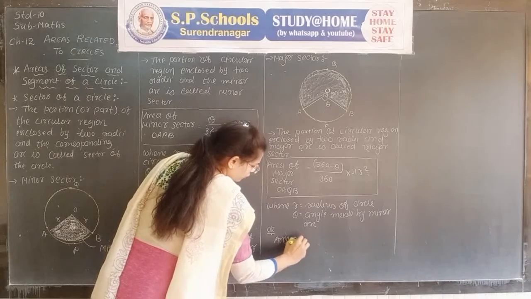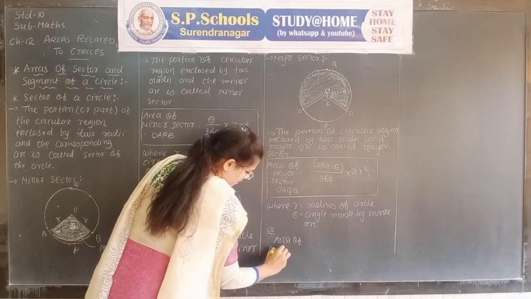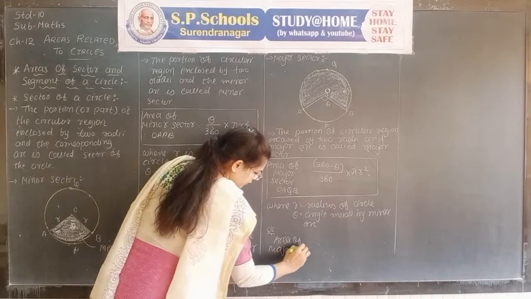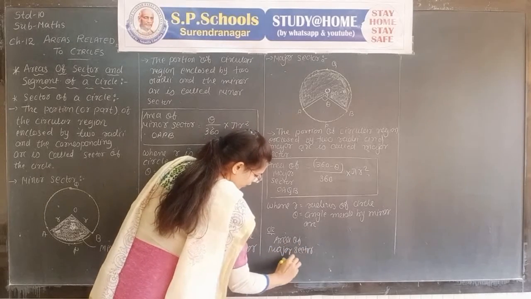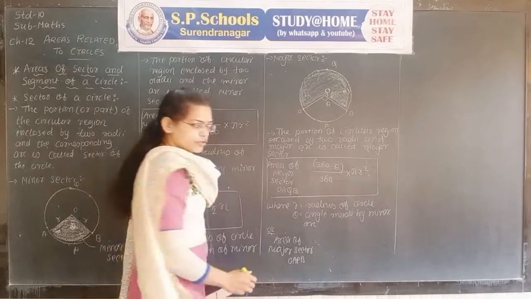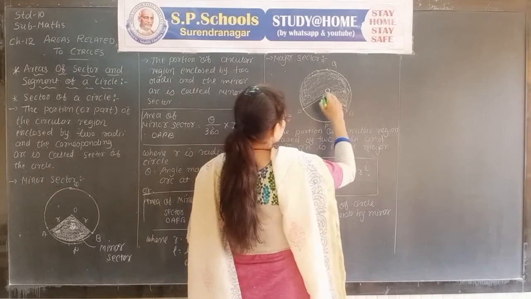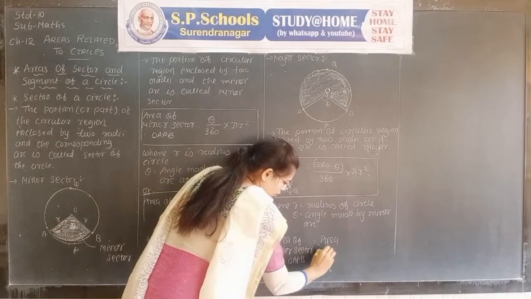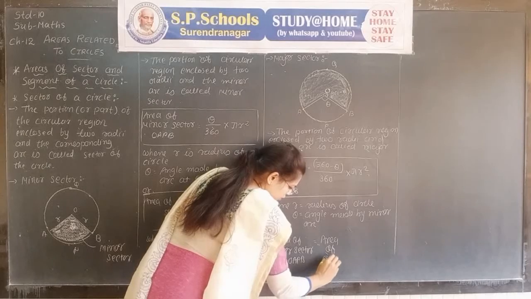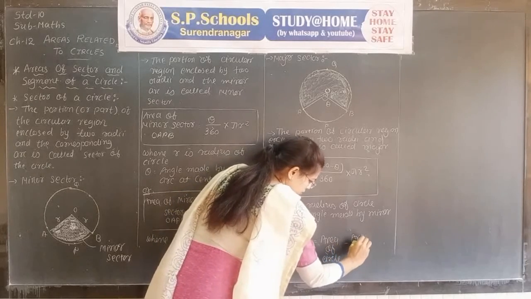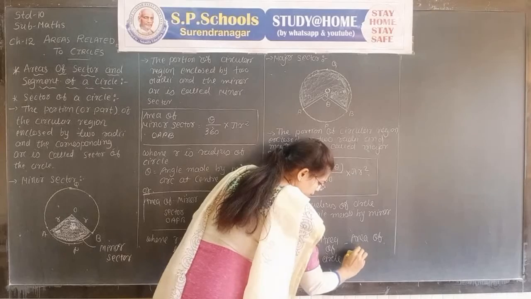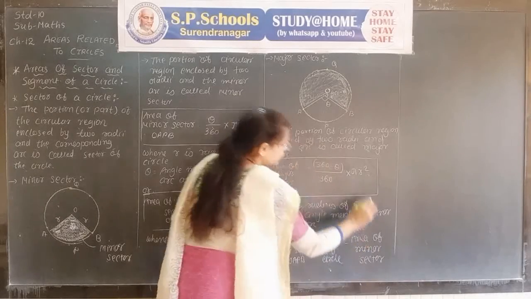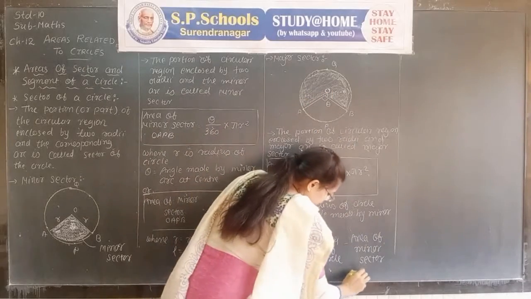Second formula is there. Area of the major sector OAPB is equals to area of circle minus area of minor sector, which is OAPB.